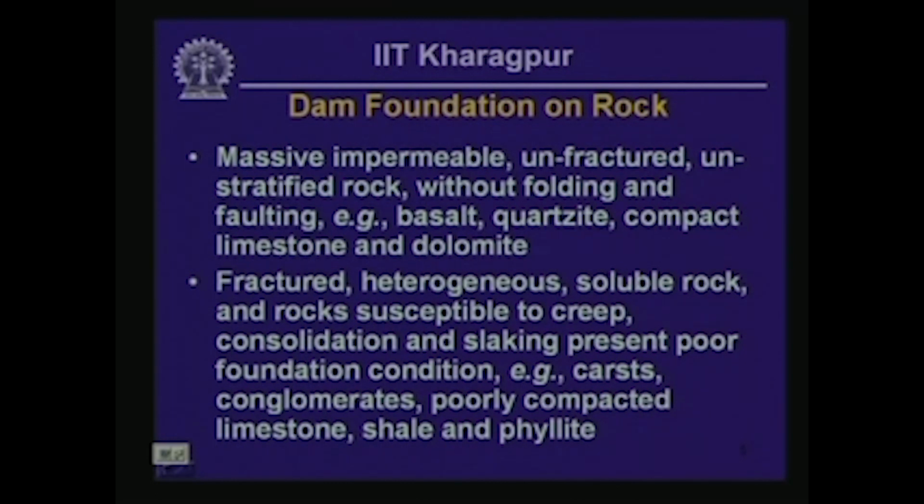I am going to define what is meant by the term slaking in the next little bit. These types of rocks present poor foundation conditions. Examples include karstic limestones, conglomerates, poorly compacted limestone, shale and phyllite.